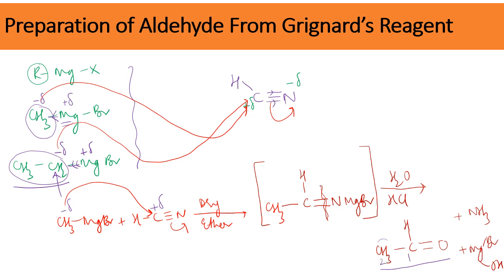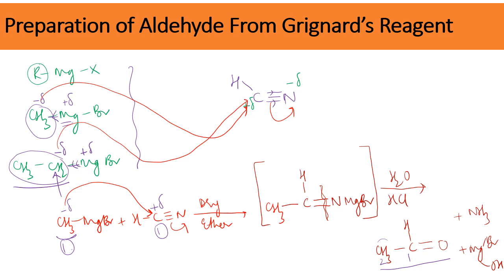And if you see the starting compounds, our Grignard has 1 carbon, and HCN has 1 carbon. So this 1 carbon of HCN and the carbon of Grignard are adding up, and we are getting a 2 carbon molecule. Mathematically, the number of carbons has increased. 1 plus 1 is 2 in the product.